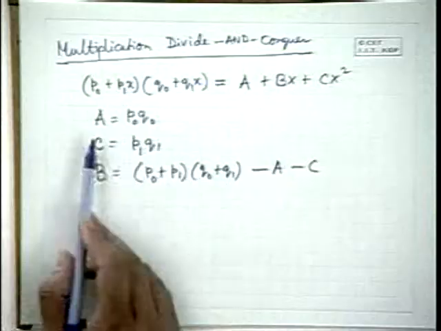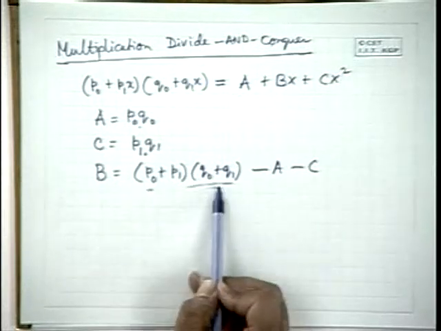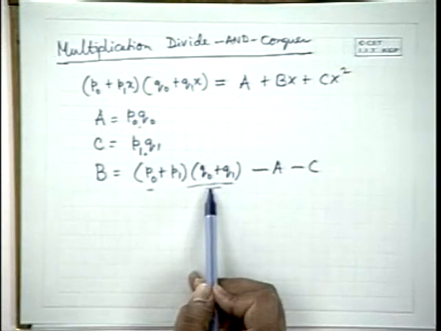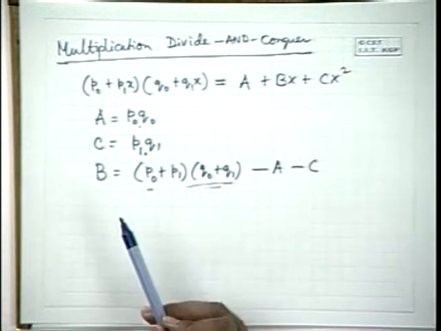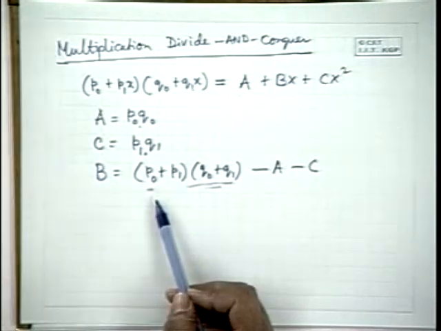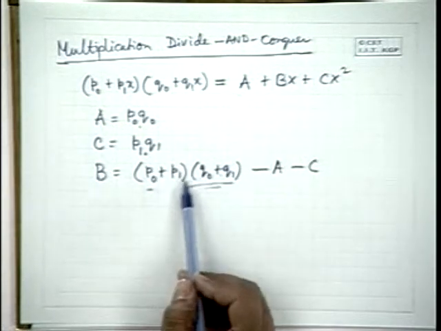If you do this multiplication using the previous straightforward technique, you get 4 multiplications. But using this approach you only use 3 multiplications: one here, another here, and one more here. So you have reduced the multiplications, and this technique can help reduce the total complexity. It seems that you have increased the additions, but actually it does not.